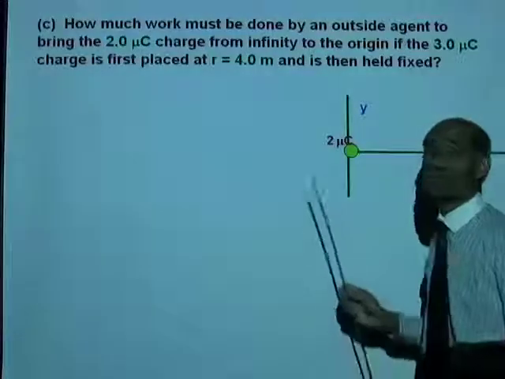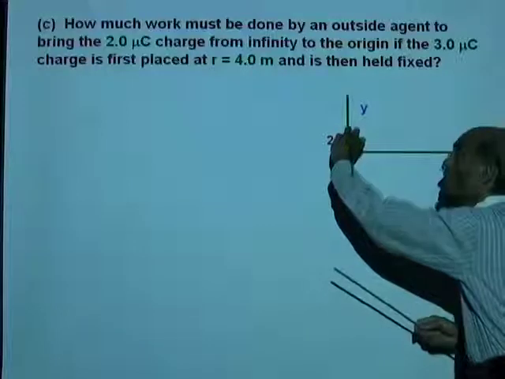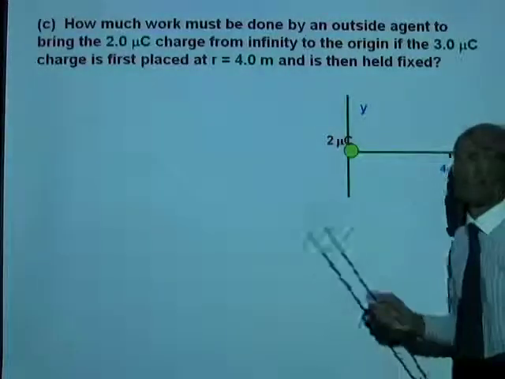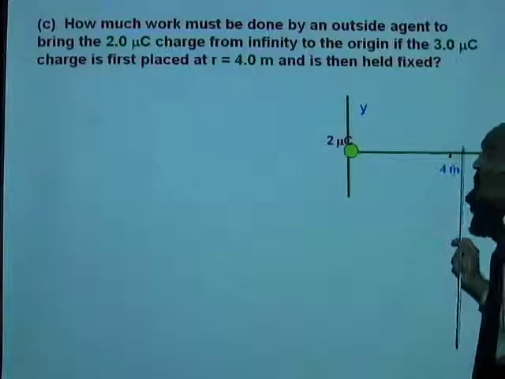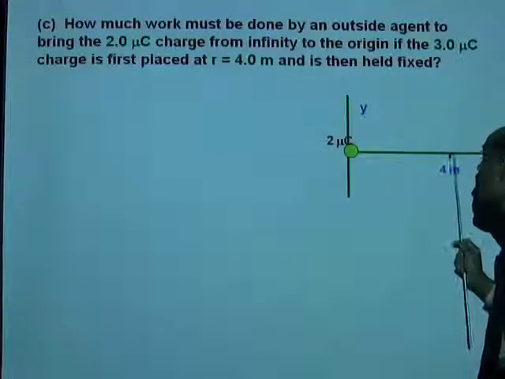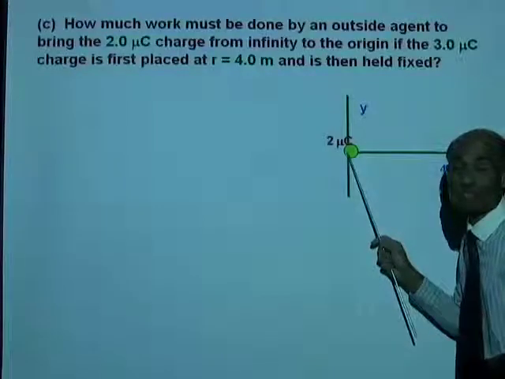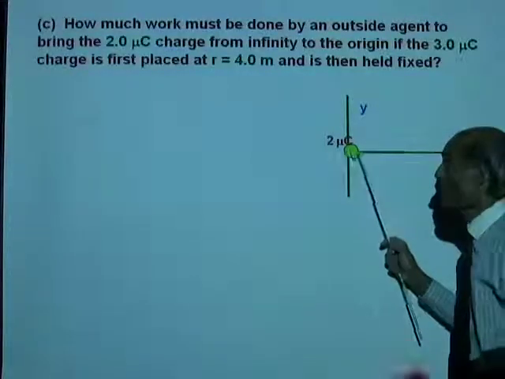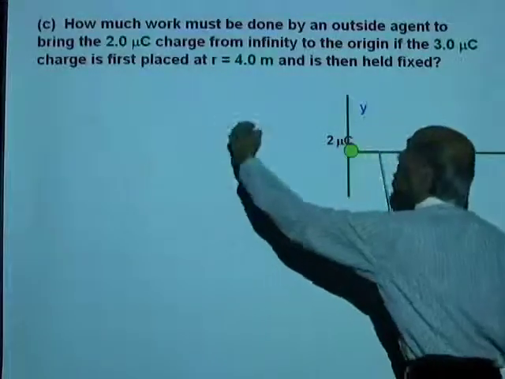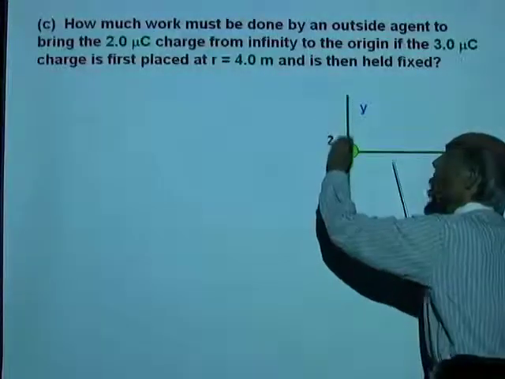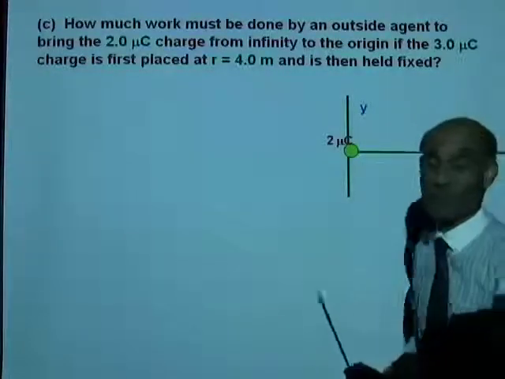Now that means you got to assume that this 2 microcoulomb is not there, but the 3 microcoulomb is there. That means that 3 microcoulomb will produce a potential at the origin. Now, what is the amount of work you need to do then to bring the 2 microcoulomb and keep it at the origin? That is what the question means.